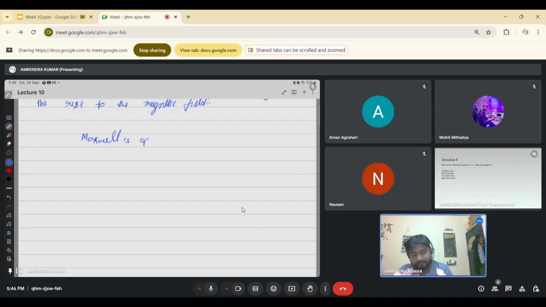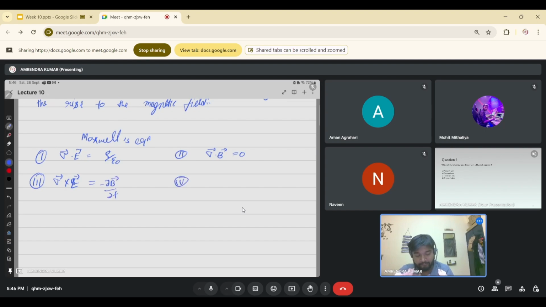The first one is del dot E is equal to rho over epsilon naught. The second one is del dot B is equal to 0. The third one is del cross E is equal to minus del B over del t.